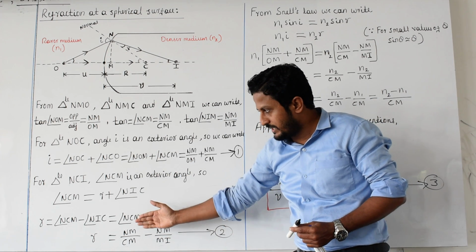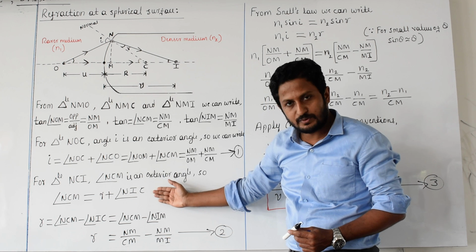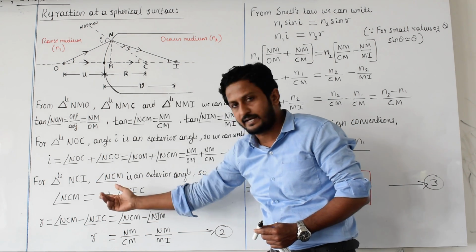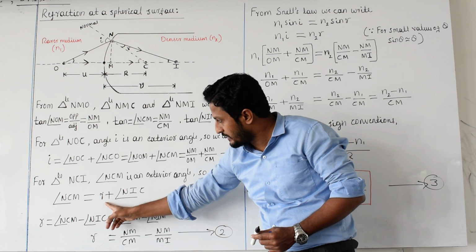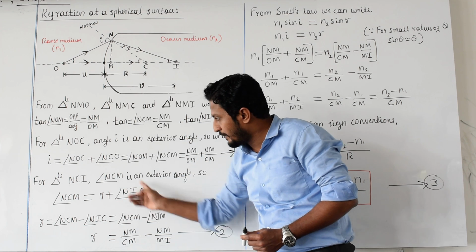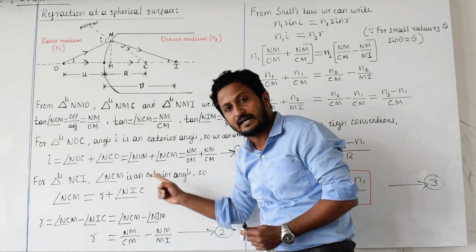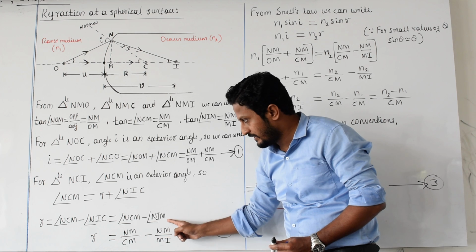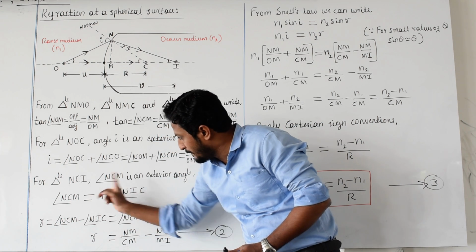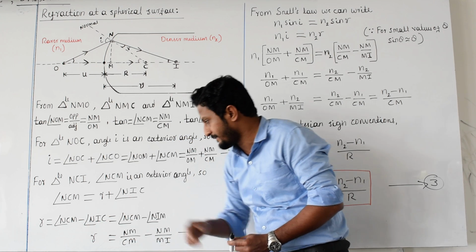Then we continue. See here, look on this one. I just took this angle to that side. Then r is equal to angle NCM minus angle NIC. That I have written here. r is equal to angle NCM minus NIC.